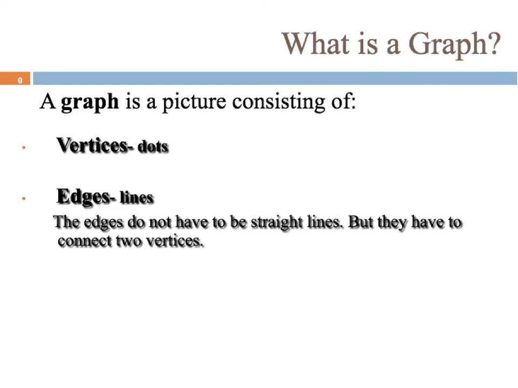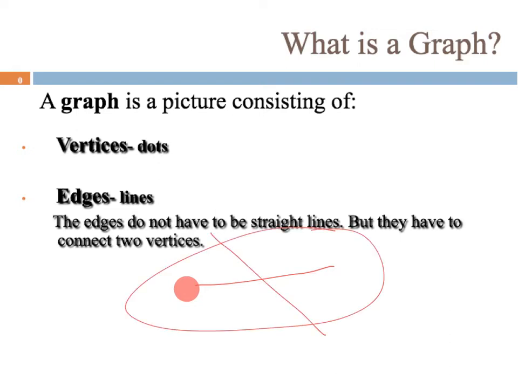We have the vertices, which are the dots, and the edges, which are just the lines. They don't have to be straight lines, they can be curved, but they do have to connect two vertices together. So I can't have this; this wouldn't work. I'd have to have a vertex on the opposite end of this line.